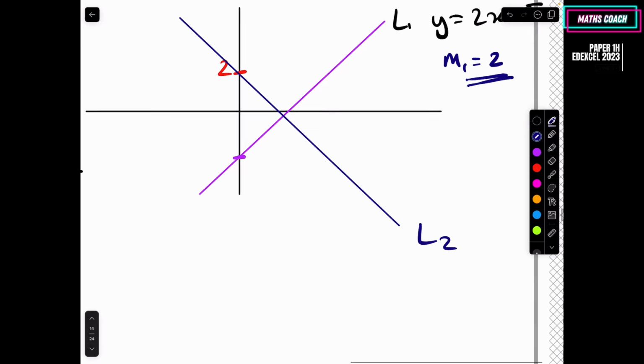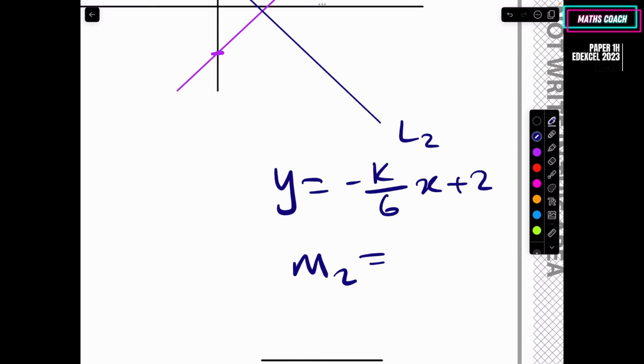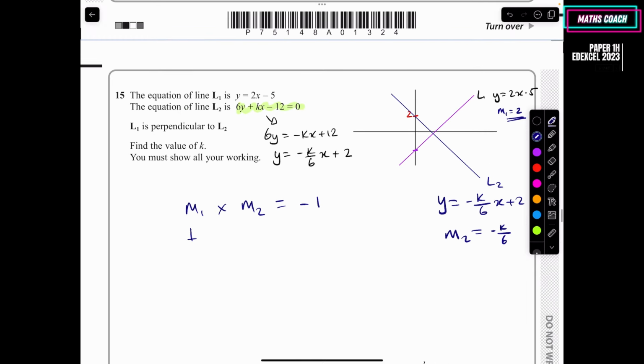And the gradient of L2, up here, is y equals minus k over 6x plus 2. The gradient m2 has k involved, but we can just write it as minus k over 6. So m1 is 2 times m2, which is minus k over 6, and that has to equal minus 1.